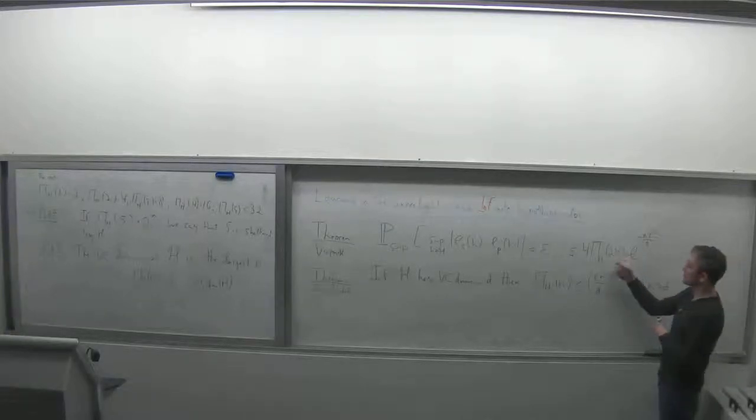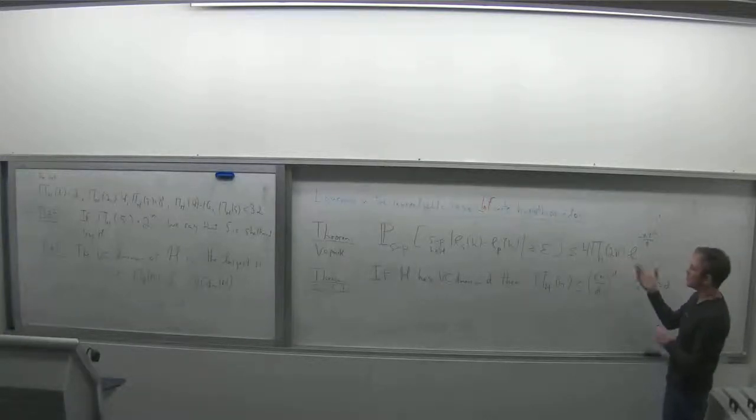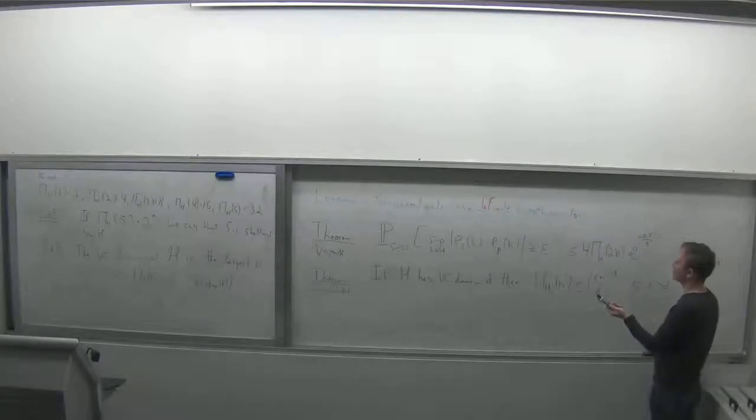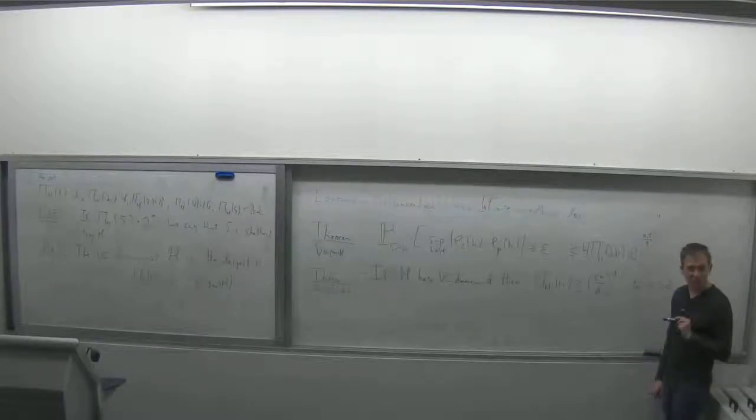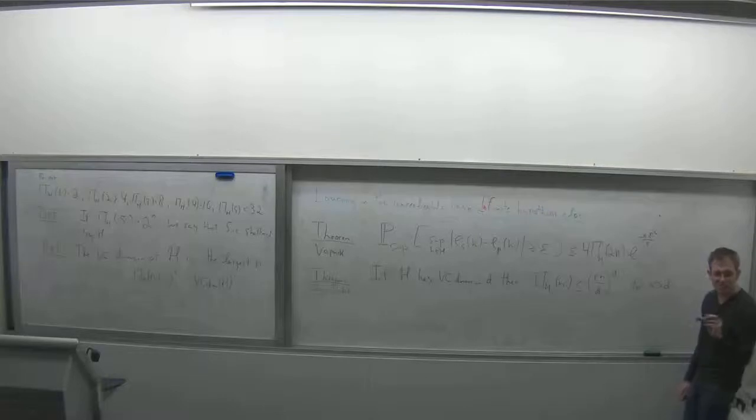You can see the power of this theorem. What it basically says is that if you have finite VC dimension, pi H 2n is polynomial in n. And therefore this whole thing is exponential in n, because the exponent decreases much faster than the polynomial. So if you take n large enough, this will go to 0.